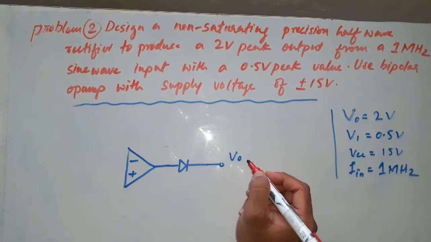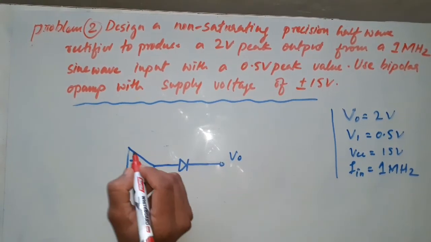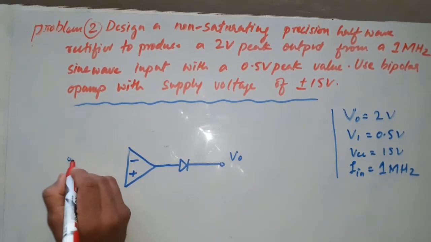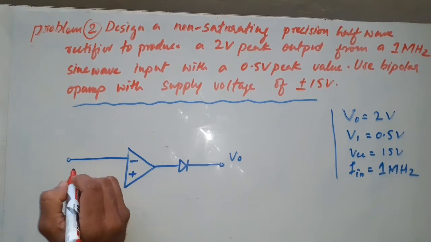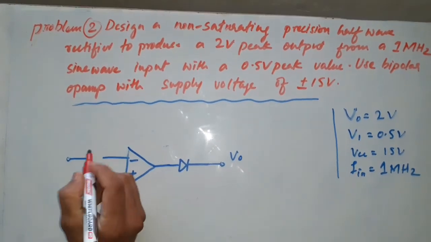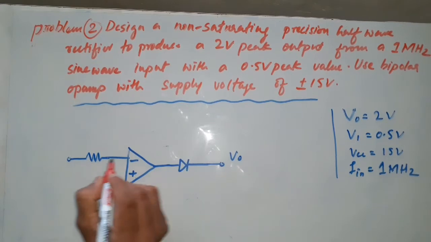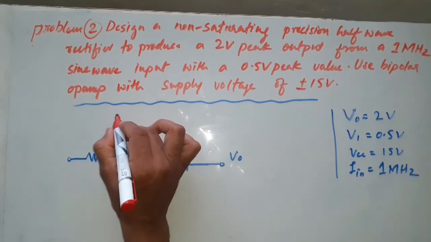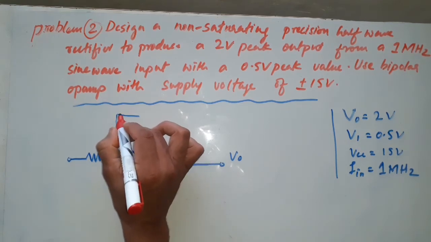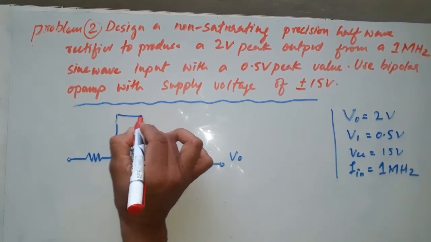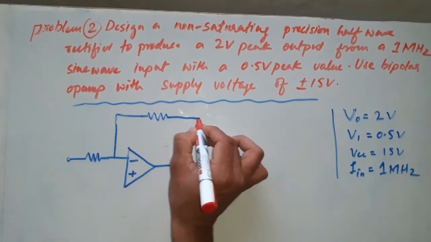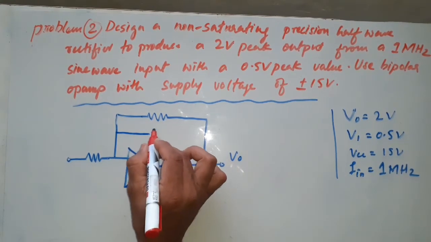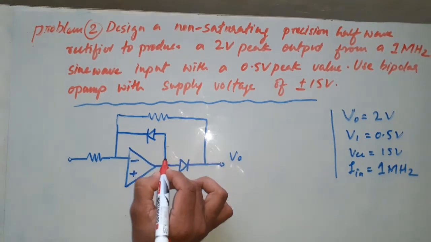This is your output. Then you have one feedback resistor that comes here. This is your diode D1.